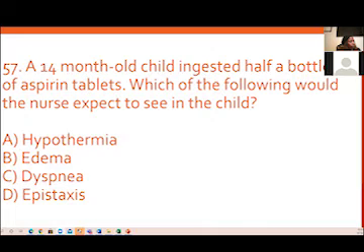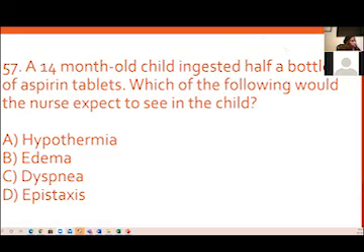Swelling caused by excess fluid in the body. And what is epistaxis? I think bleeding. Bleeding, good. So what do you think the answer is? I think it's dyspnea.